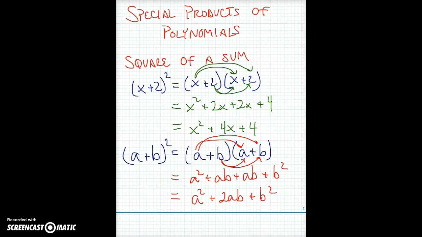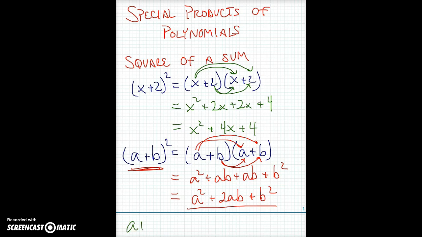Now, we know that anytime we multiply out two binomials that look like this, we're going to end up with this trinomial. So our formula for square of a sum looks like this.